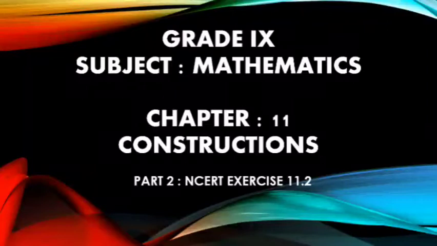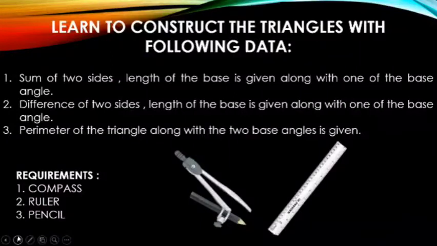Dear students, in the second part of the chapter, we shall be discussing in detail the solutions to the questions of NCERT Exercise 11.2. In this exercise 11.2, we'll learn to construct triangles with the following data.